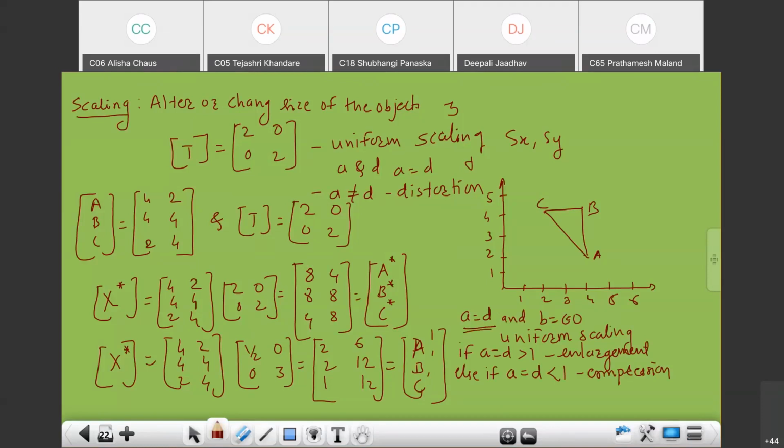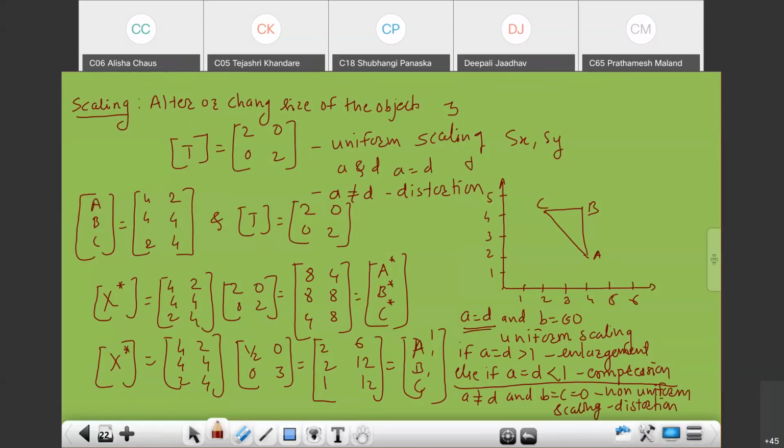But another case is that if A is not equal to D and B is not equal to C is equal to 0, then the result is non-uniform scaling, which is also known as distortion.